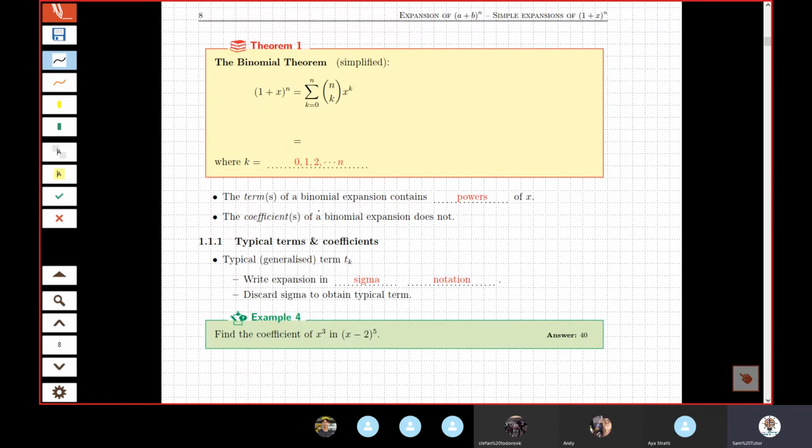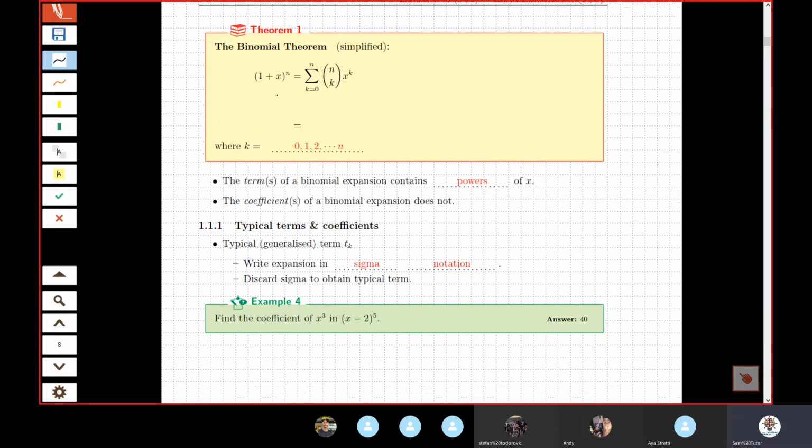Okay. So the binomial theorem pretty much says the sum of n choose k x to the k, from k equals 0. But that is it.